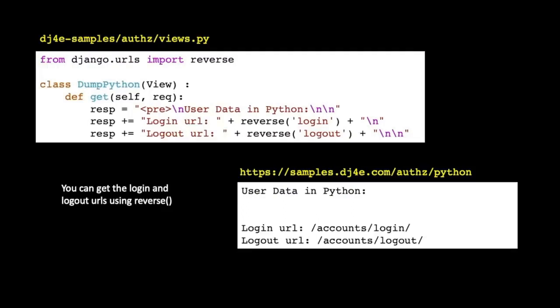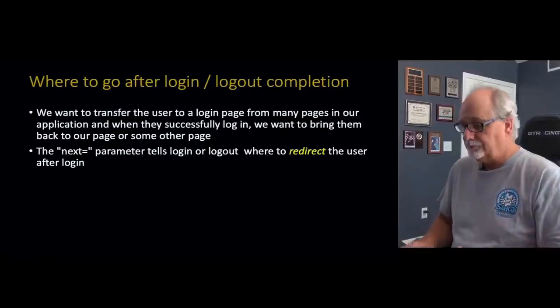And so we can do a reverse lookup like we would of any of our views. Say, give me the URL in this Django project for the view named login or the view named logout. You could even probably hard code these, but maybe the route isn't exactly account/, right? Maybe you called them something else. And so that's why we use the reverse to look these things up. It's just a convenient way of doing it.